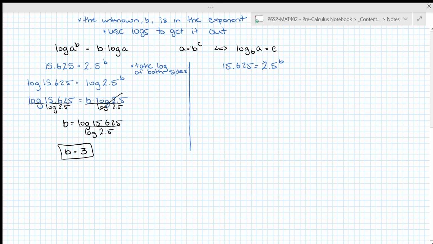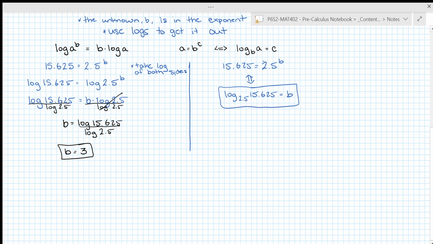My base stays the same, so this is synonymous with log base 2.5 of my answer here, 15.625 equals, and my b just pops out by itself. That's just one step to rewrite it.